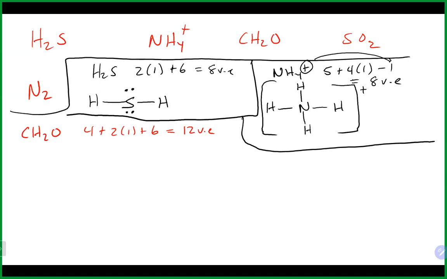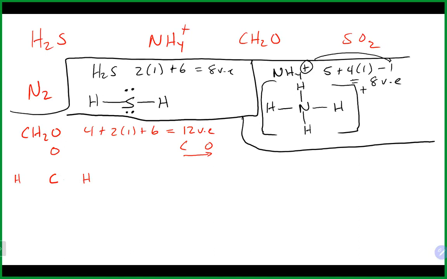When we compare carbon and oxygen, which one is more electronegative? It is oxygen. They're in the same row on the periodic table, and oxygen is further to the right. So it should be carbon in the middle, with our hydrogens and our oxygen around it.